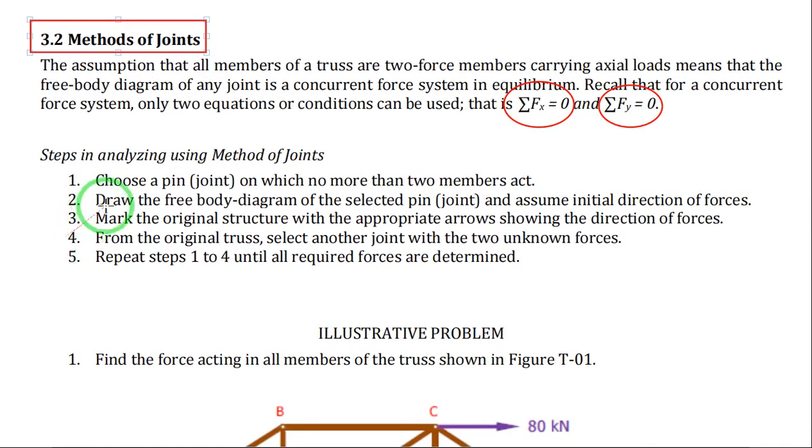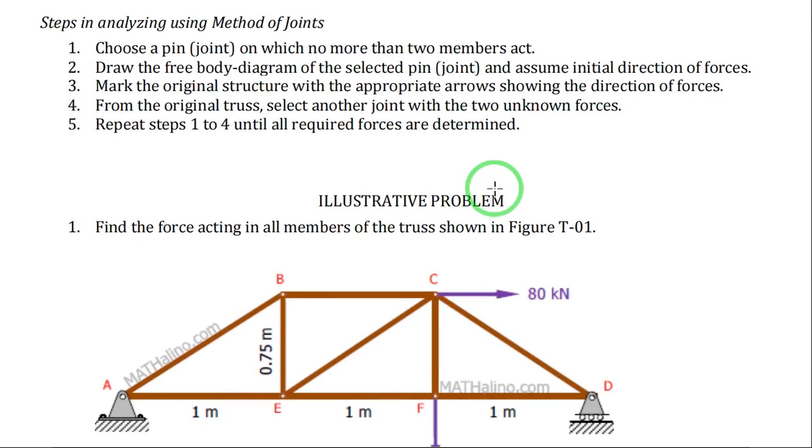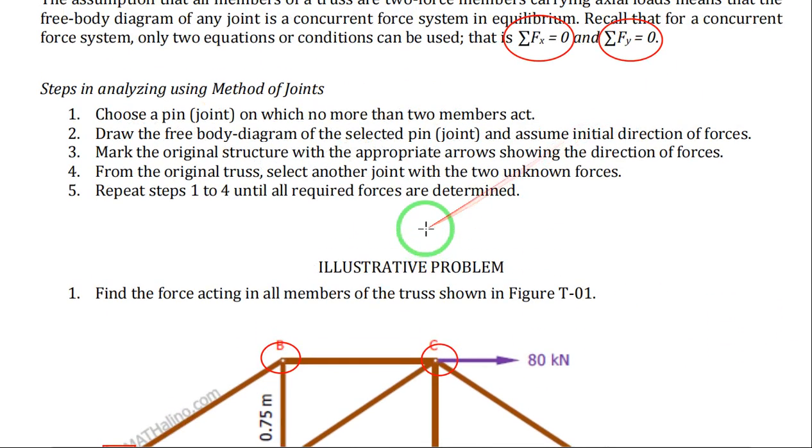So first, you choose a pin or a joint in which no more than two members act. This is joint A or pin A, joint B, joint C, and so on. Take note that in this step, it says no more than two members act.